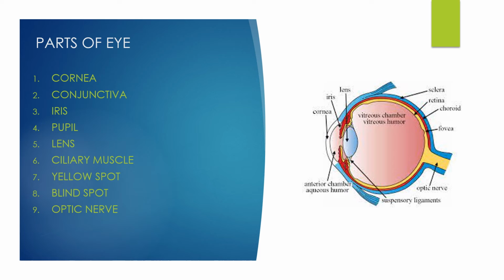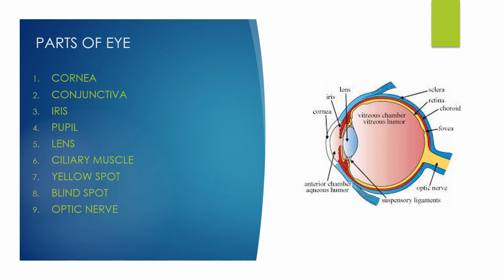Iris is present behind the cornea. It is a pigmented region because it contains the melanin pigment. In the center of the iris we can see the pupil. The pupil decreases and increases its size according to the intensity of the light.